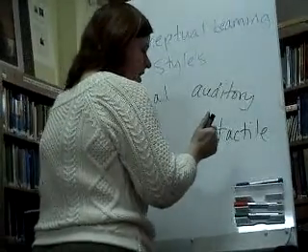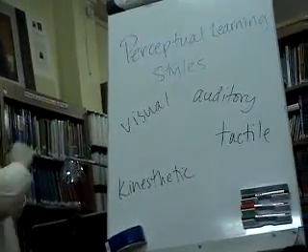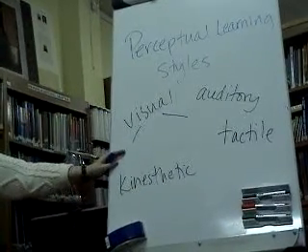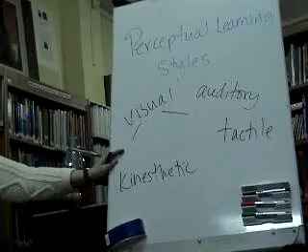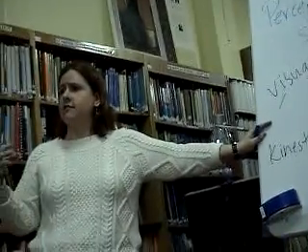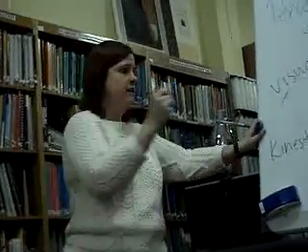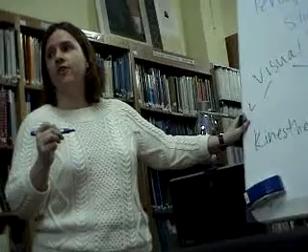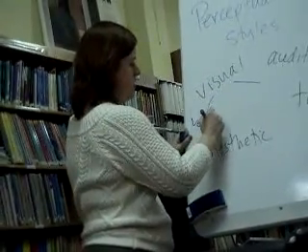We can actually break visual down into 2 sort of subsets. So one of these, somebody who likes to read, who likes to work with words, would be considered visual. You like words, you like to read. Visual, close. Verbal, good. Visual verbal.